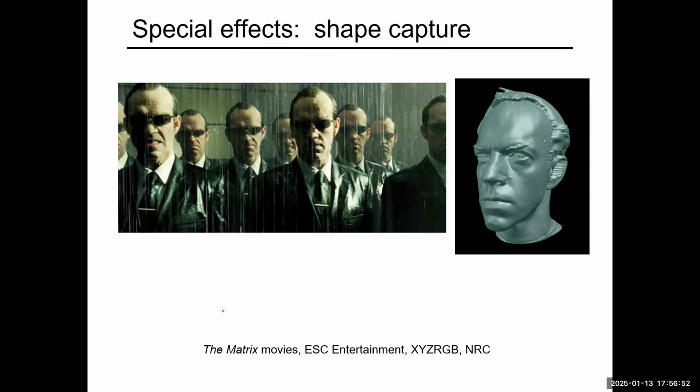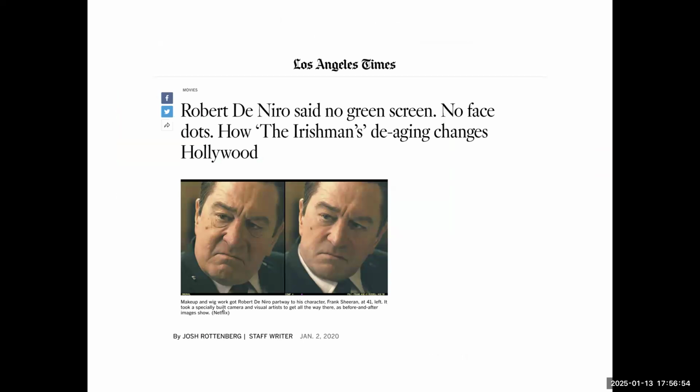So this is one of them, The Matrix, and this is also one of the recent movies which has been created 100% using computer vision. Robert De Niro, in the movie called The Irishman. I'm not sure if you heard about it or not.